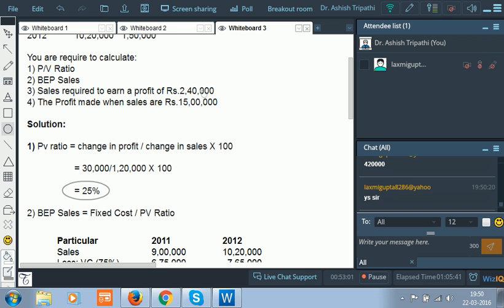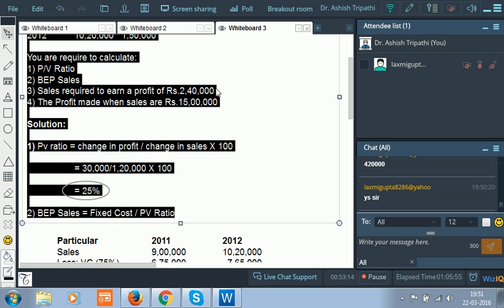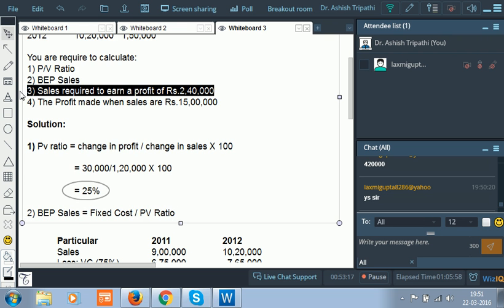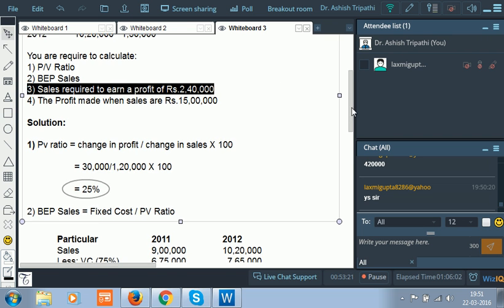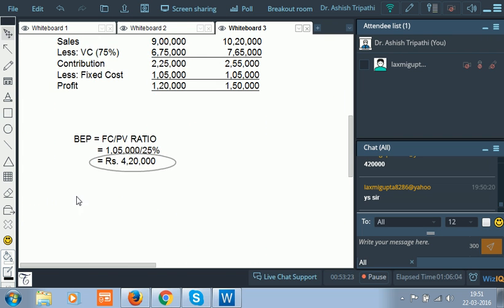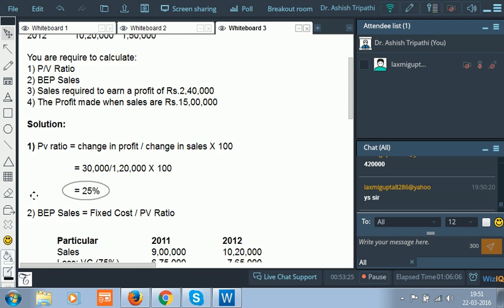Let us try to calculate sales. Sales required to earn a profit of 2,40,000. I think for this we will have to apply the formula of expected sales, or you can say desired sales. So let us try to calculate that.